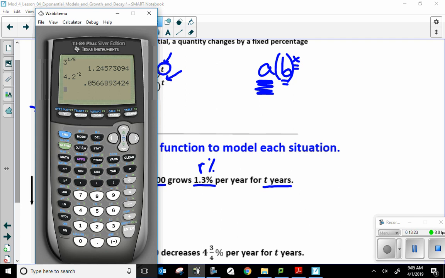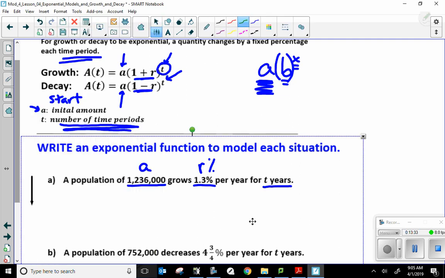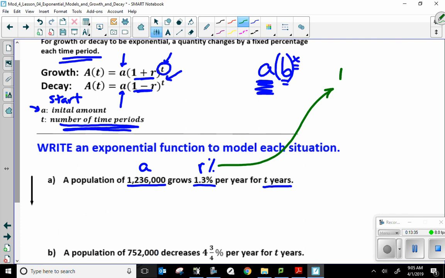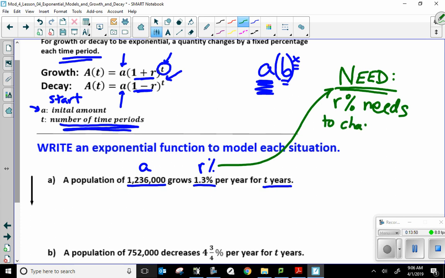Because you need to change your percent to a decimal before it goes into your equation. Let me state that one more time. Your rate as a percent needs to change to a decimal for your equation.